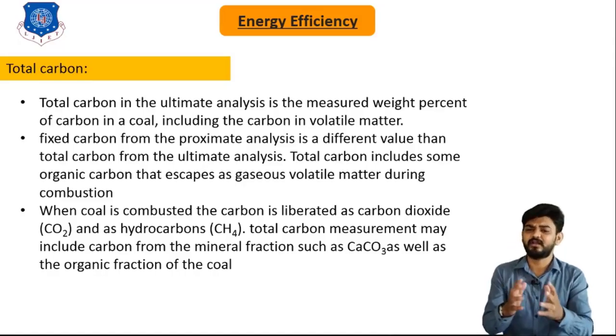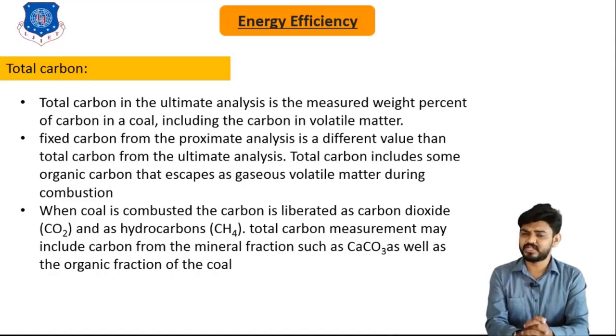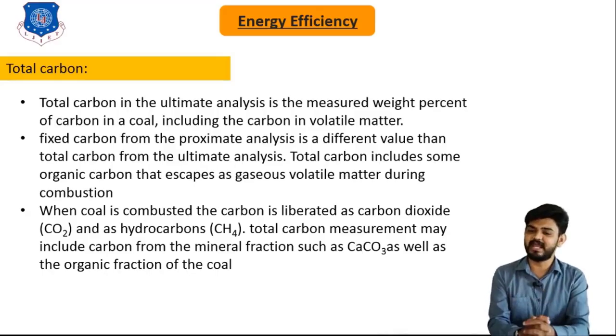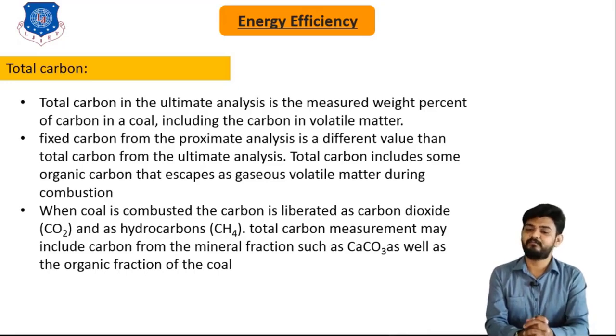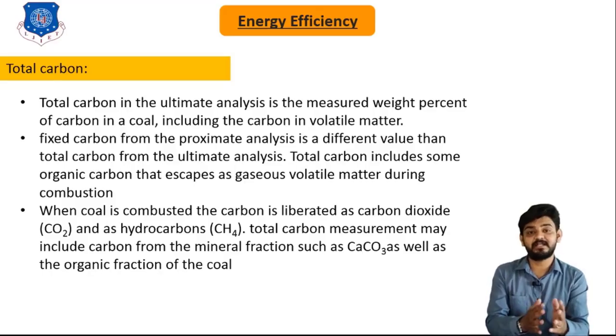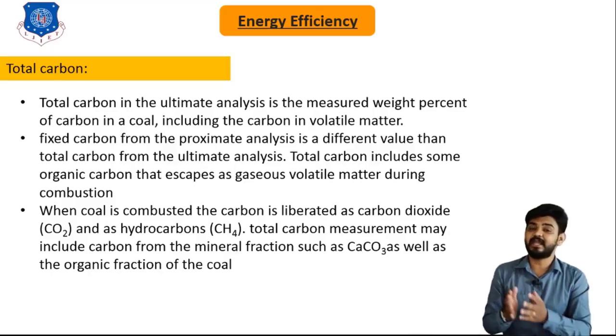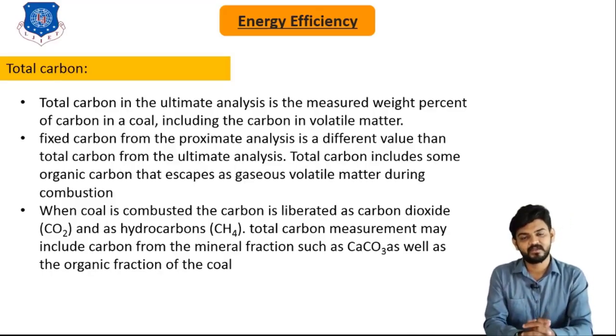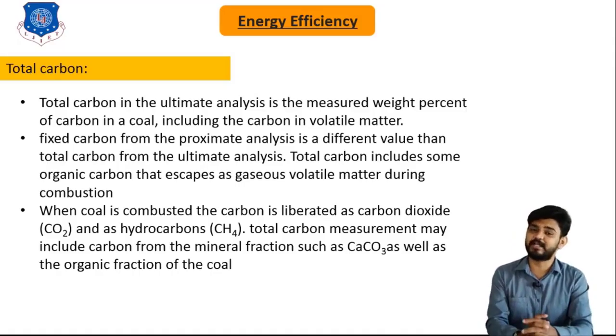So, when coal is combusted, this carbon is liberated as carbon dioxide or as different hydrocarbons such as methane and ethane. The total carbon measurement may include carbon from minerals such as CaCO3 as well as the organic fraction of coal. So, the total carbon also includes carbon present in minerals such as CaCO3 and different organic materials. So, this was all about the total carbon.